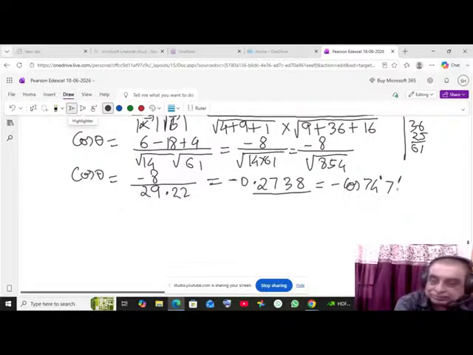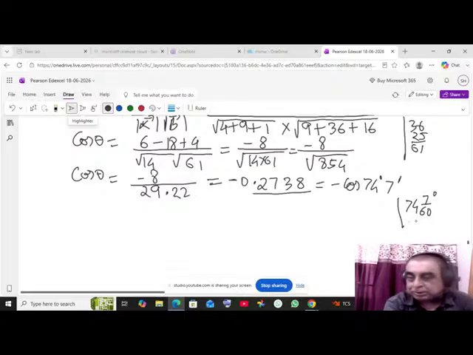So this 74, and you change 7 minutes to degrees. This is 7 upon 60 degree. So 7 upon 60 becomes how much?